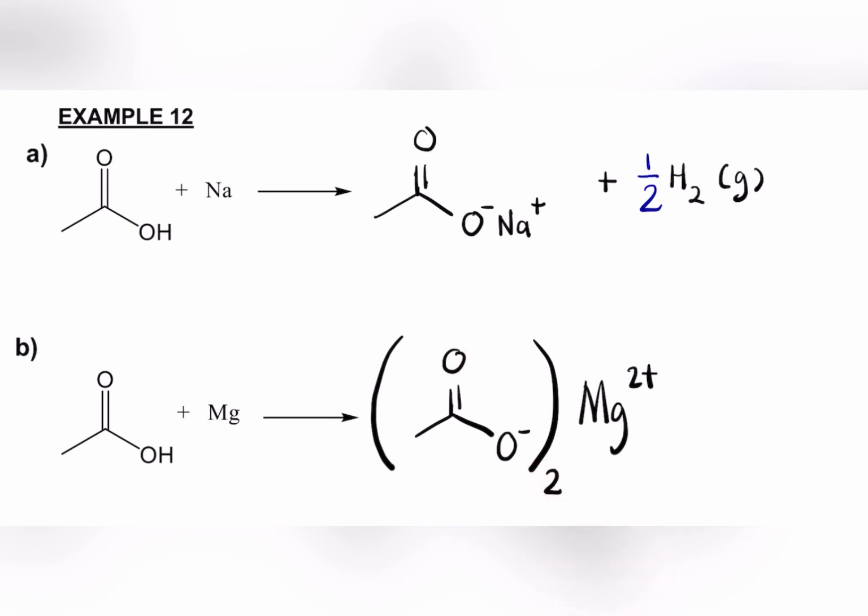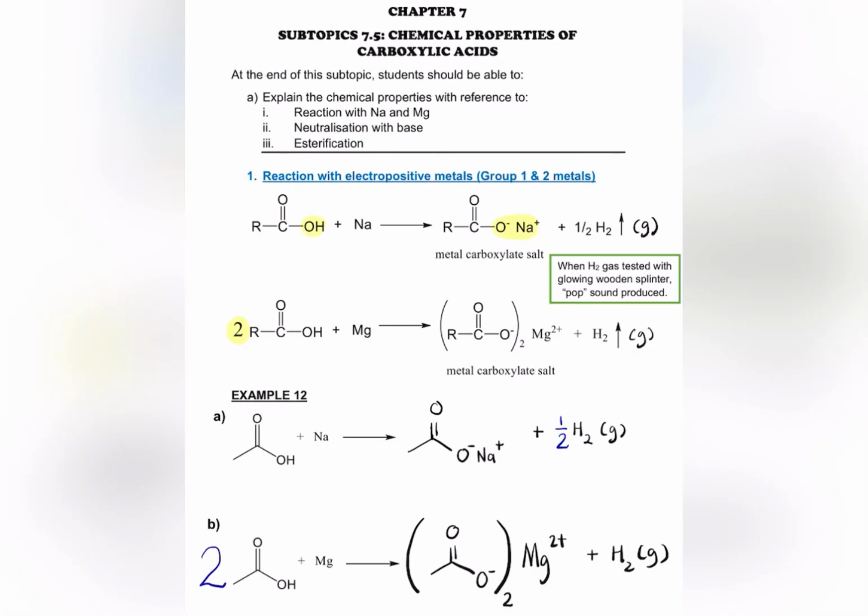After that, I have my hydrogen gas, and next I want to balance my equation. I have 2 metal carboxylate salts here, so I'm going to put coefficient 2 in front of the acid, as big as you can, so that it is clear to the examiner to see your answer. So this is how you answer the equation for the reaction with electropositive metals, group 1 and group 2 metals.